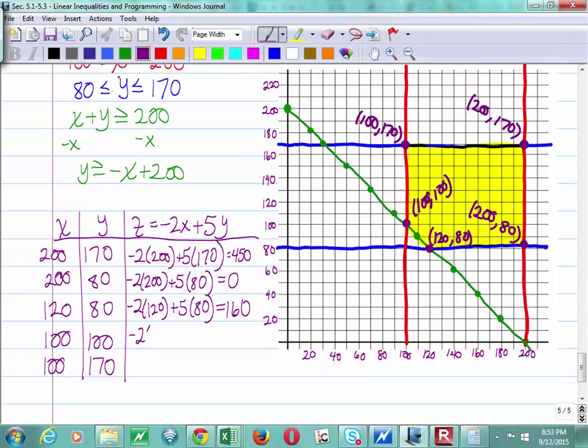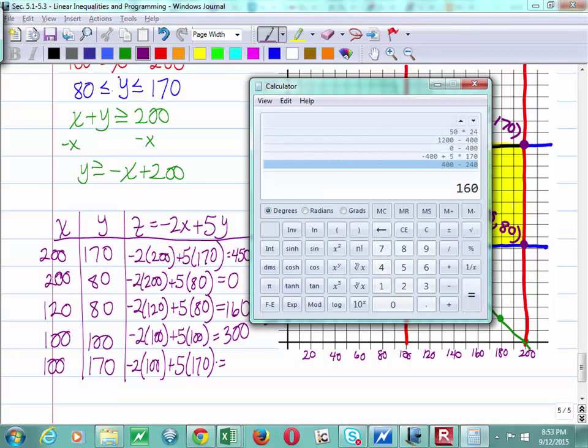And then negative 2 times 100 plus 5 times 100, that's just 500 minus 200, which is 300. Negative 2 times 100 plus 5 times 170. So 5 times 170 is 850, minus 200 is going to be 650.